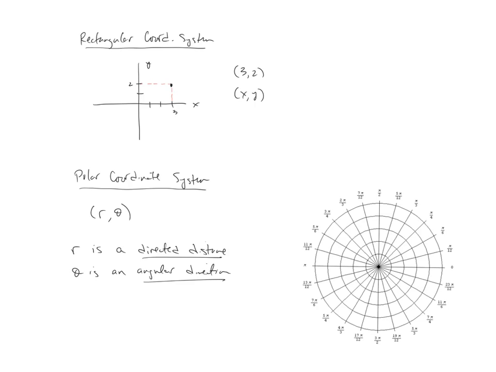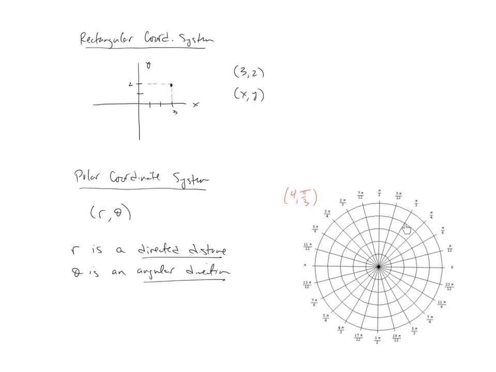So we'll take a look at the ordered pair (4, pi over 3). Start at the pole, and we'll count out 4 circles in the positive direction: 1, 2, 3, 4. Then, since pi over 3 is positive, we're going to go in the counterclockwise direction around to pi over 3.